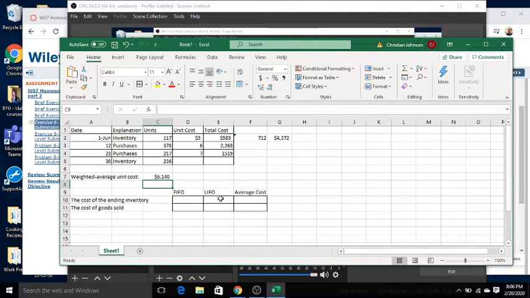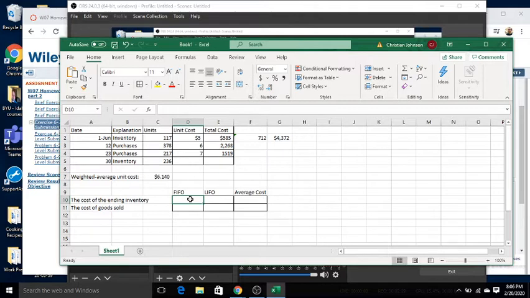The second part involves calculating the cost of the ending inventory and the cost of goods sold under FIFO, LIFO, and average cost. For FIFO, it assumes first in, first out, meaning the ending inventory would be our most recent purchases.